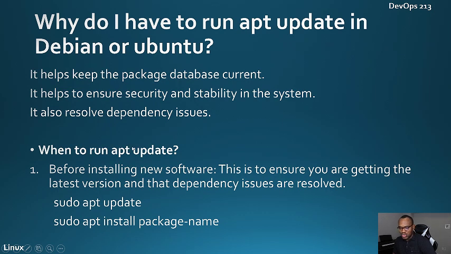And when do we run apt update? Before installing new software. Before you install a new software, you should run apt update. It is to ensure that you are getting the latest version and that dependency issues are resolved. So you run apt update and you run apt install with your package name.